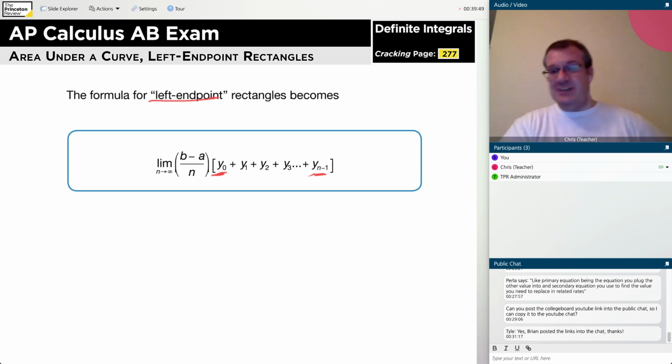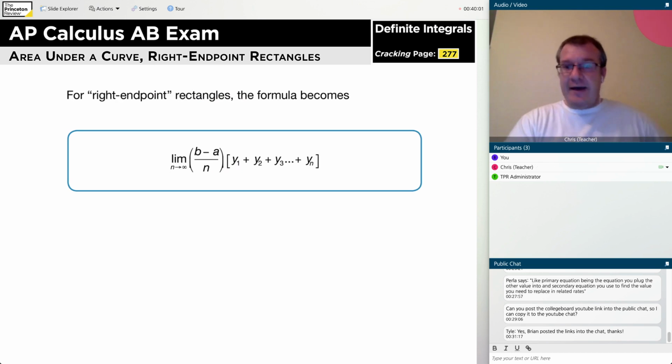So instead of y sub 0, that one should be y sub 1. And then over here, you're not going to have y sub n minus 1, you're going to have y sub n, because you're dealing with the right endpoints. So if it were a table of values, you would not start with the leftmost. You would have to start with the second from the left and then continue to the end of the table.